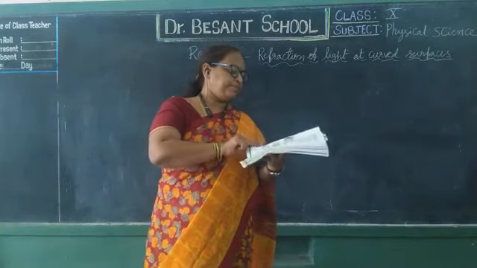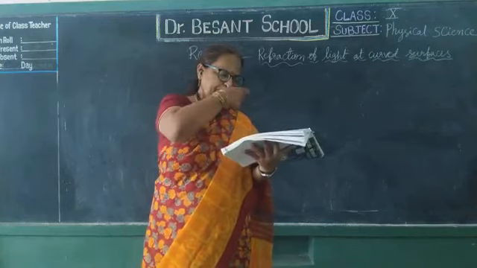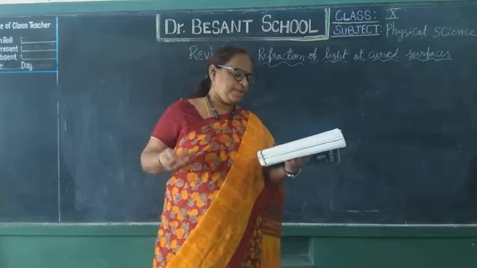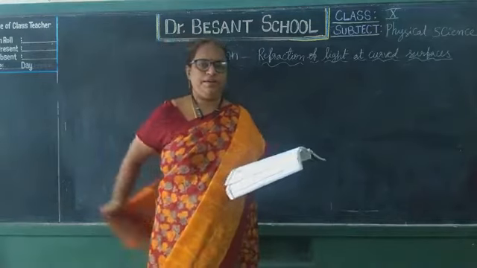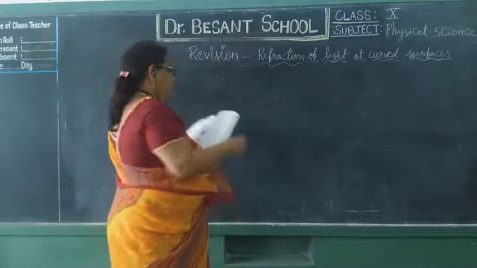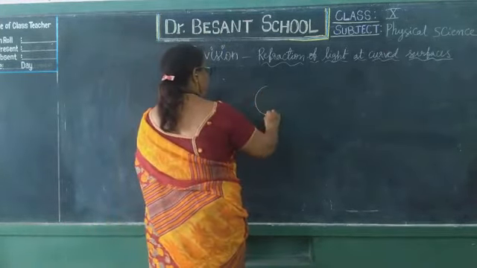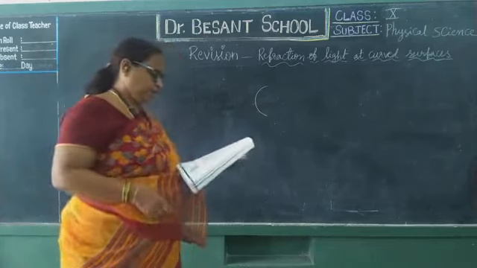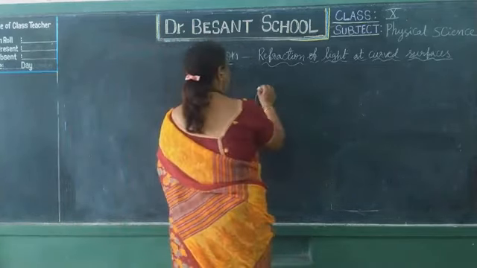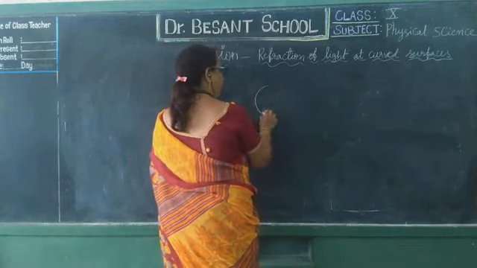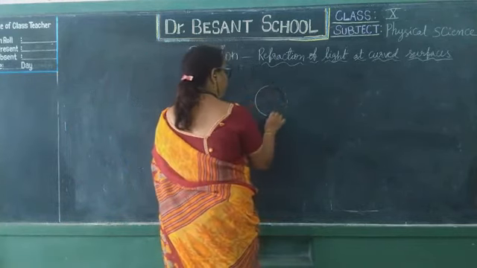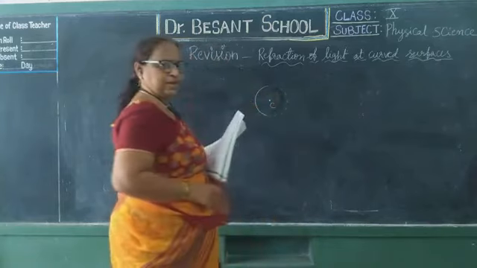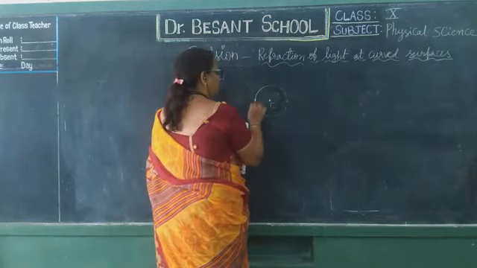This first activity we have already seen, about the curved surface and what is normal ray and what is principal axis. I hope you all remember that. Suppose the surface is a curved surface like a glass, which we have also seen in the activity in the previous video. The curve is part of a sphere, and the center of the sphere is called center of curvature, and the midpoint of the curve is called pole.